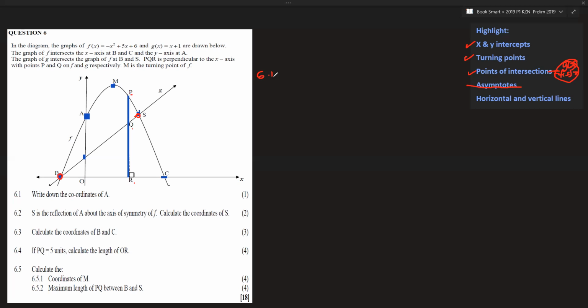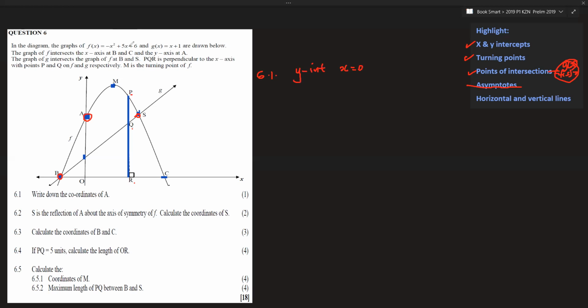On 6.1, they want us to determine the coordinates of A. If you check A, this is your y-axis intercept, so we call it the y-intercept. On the y-intercept, we make x 0, and then this is f(x). So wherever f(x) is, I'm going to put 0 there.